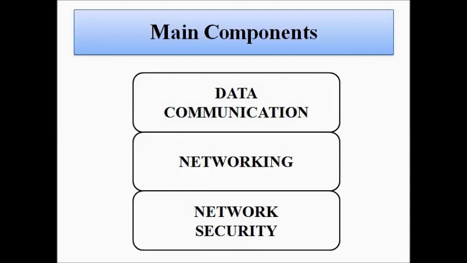The networking is basically a set of devices which are connected in a structured way for the transmission of data. A group of devices, the way in which they are connected, and the rules and regulations for the transmission of data between those devices.